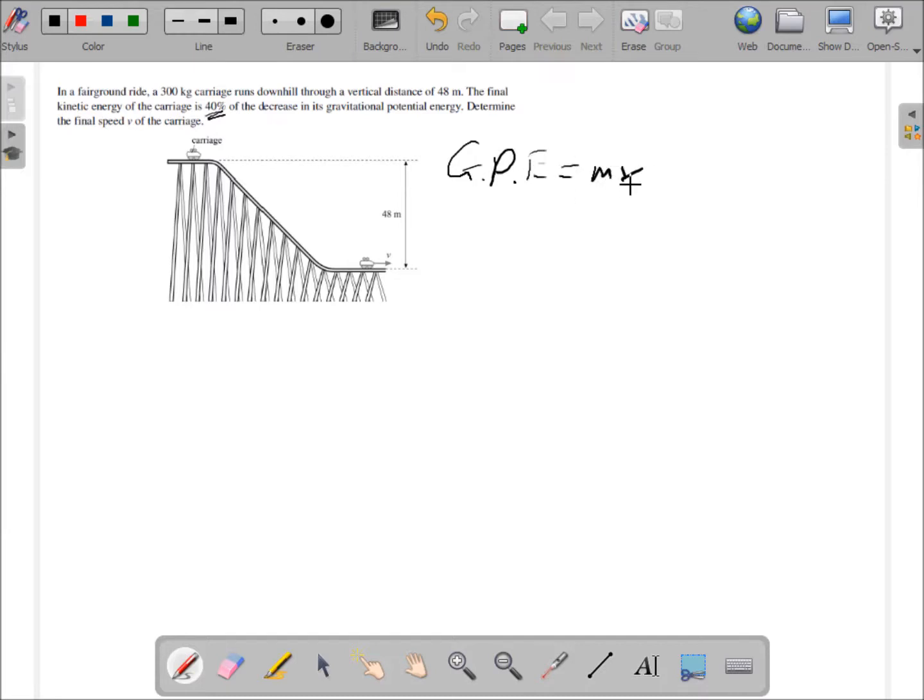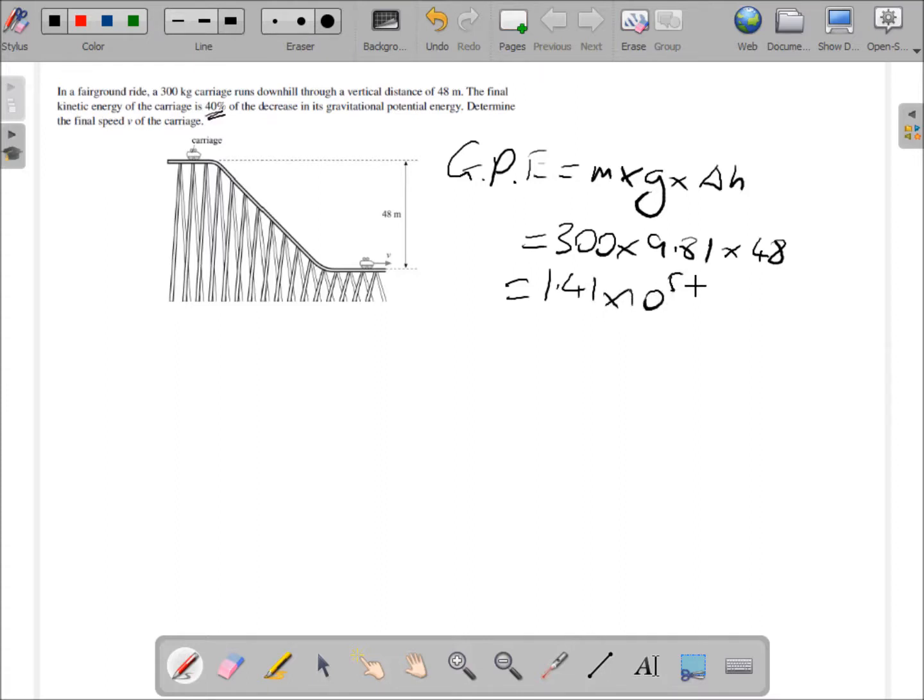So that's going to be mass times gravitational acceleration times the change in height, which is going to be 300 times 9.81 times 48 meters. That's going to give us 1.41 times 10 to the 5 joules.